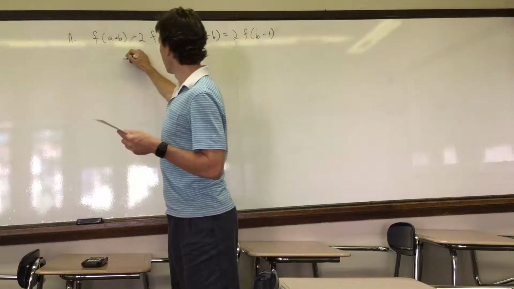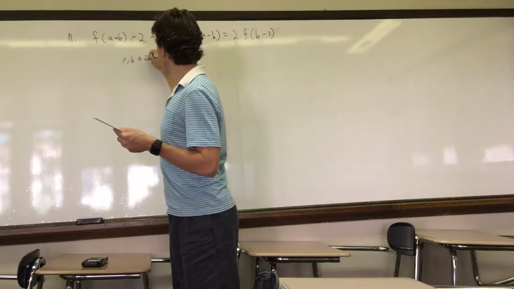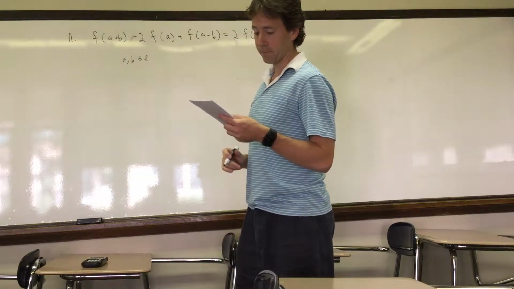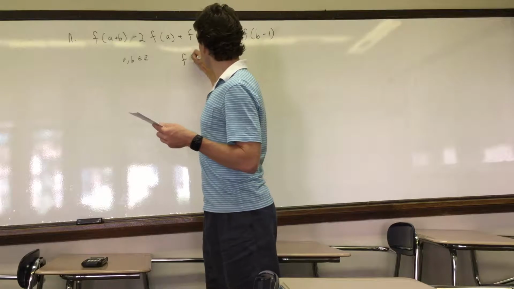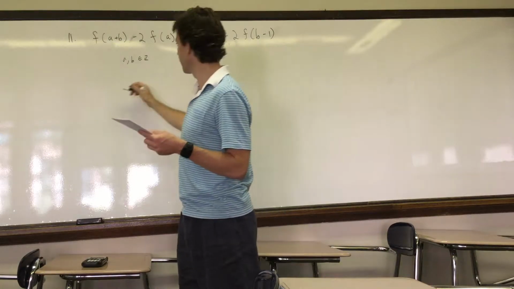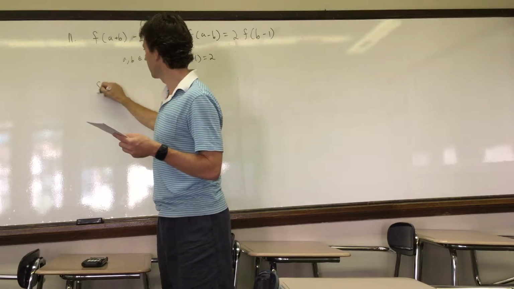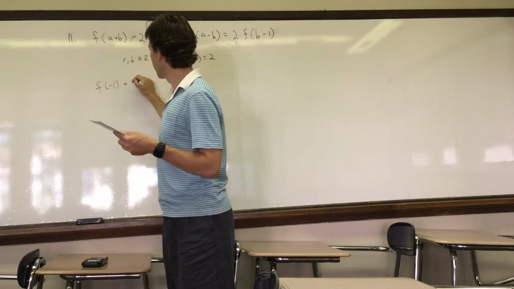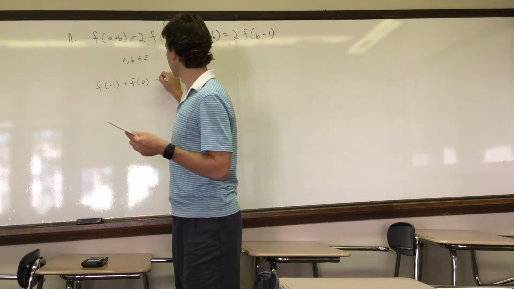This is for all integers a and b. We also know that f(1) equals 2, and the question is find f(-1) plus f(0).